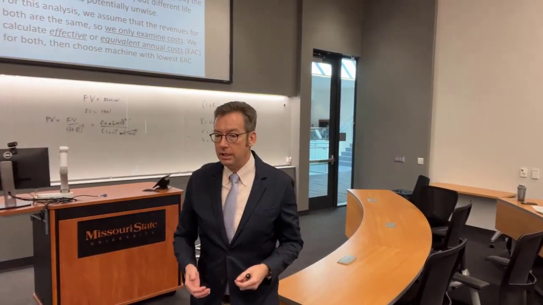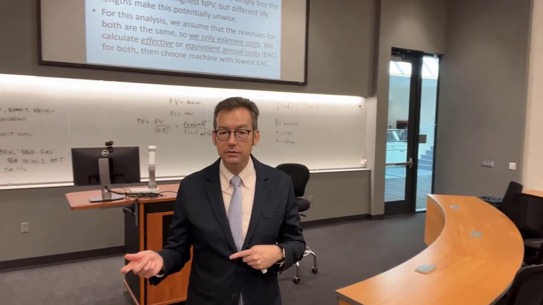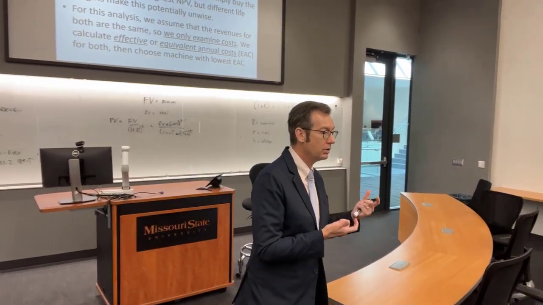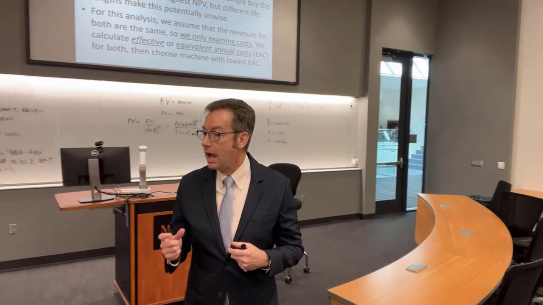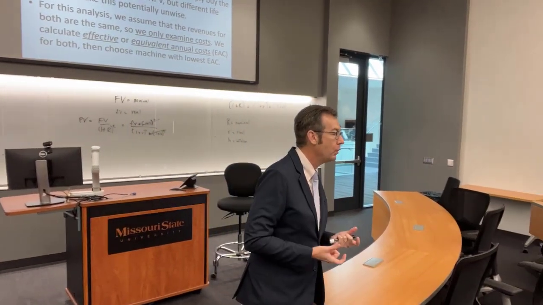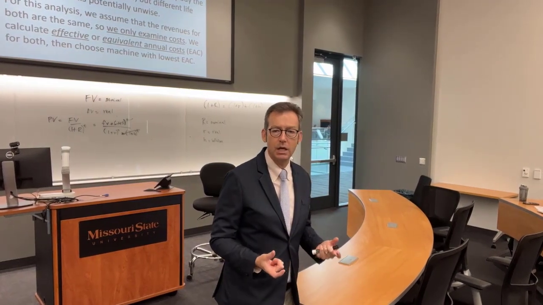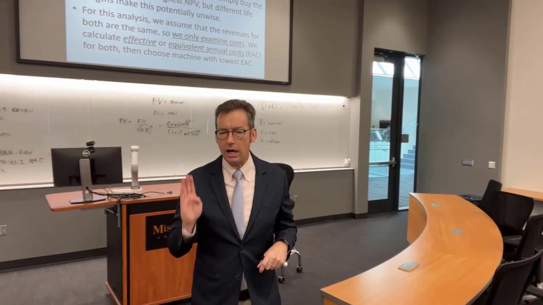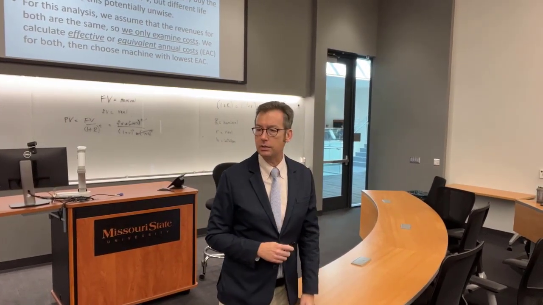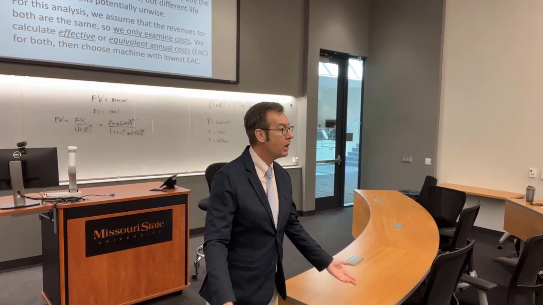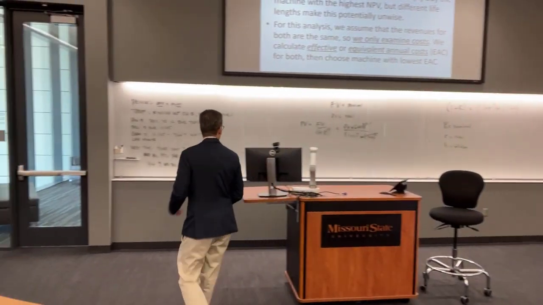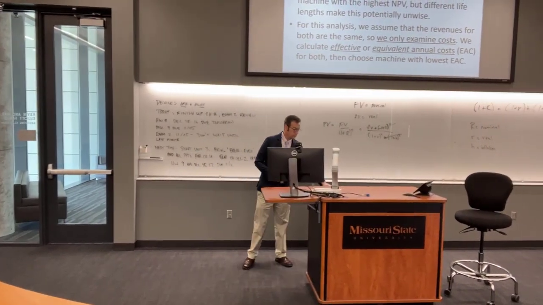It'll have the same present value, but now we have put this thing on a year basis. Now, all we have to do is compare the two effective or equivalent annual costs. Which do you think you would prefer? A higher equivalent annual cost or a lower equivalent annual cost? Yeah, we all prefer a lower cost, right? Okay, so let's do an example.